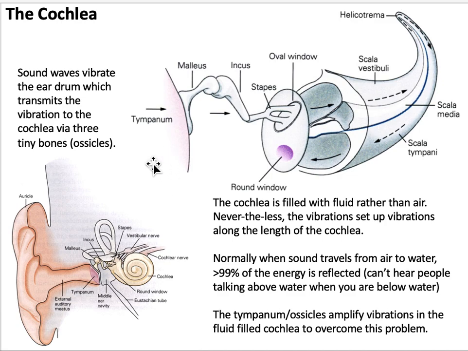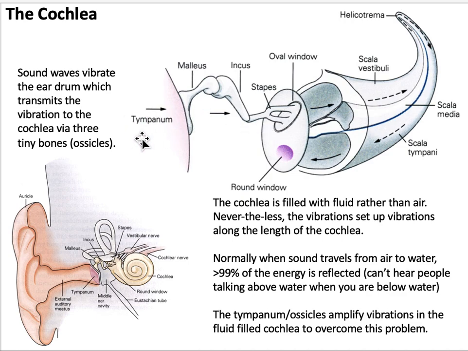So this is why if you're underwater and someone's calling to you, you can't hear them very well because the sound is just reflecting off. And so the inner ear has a clever solution to this problem. So we don't want to reflect that energy, but instead we want to convert that into some signal inside the cochlea. So how are we going to do that?